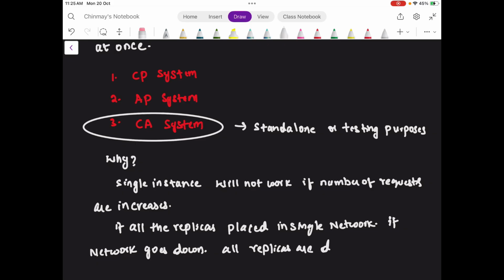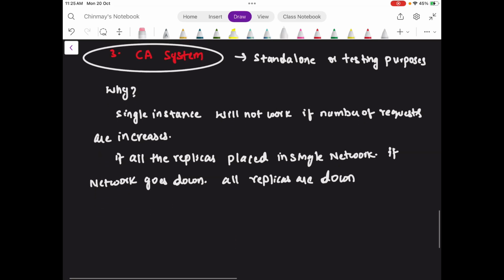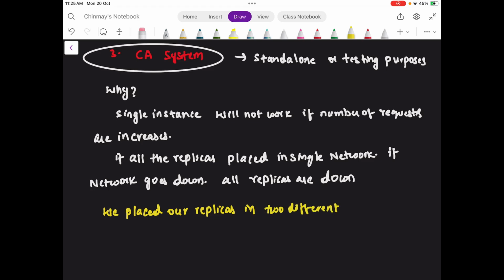So generally we place our replicas in two different networks.